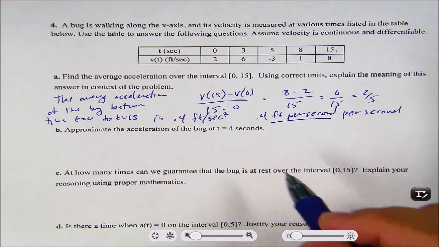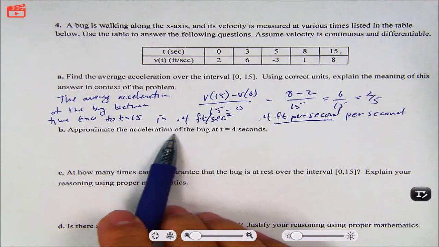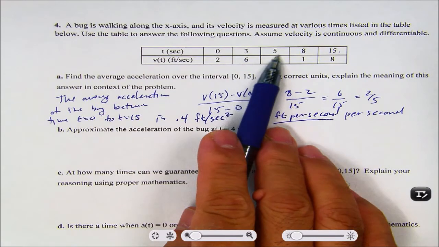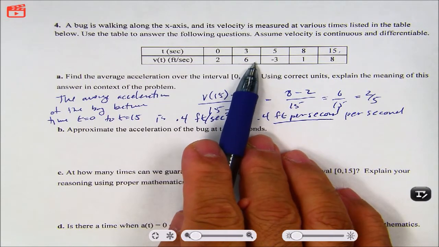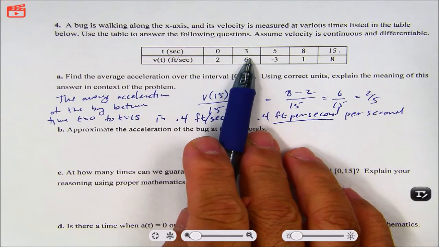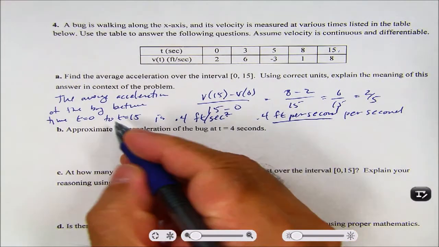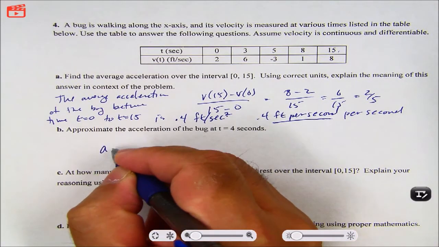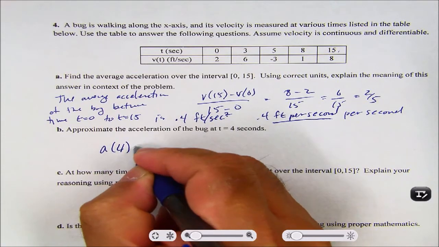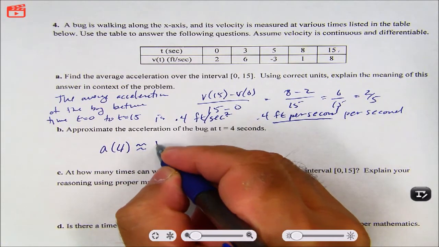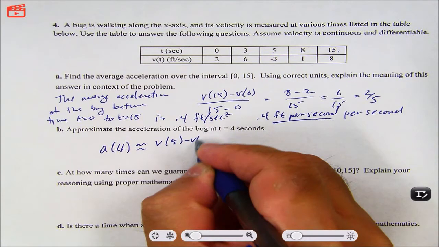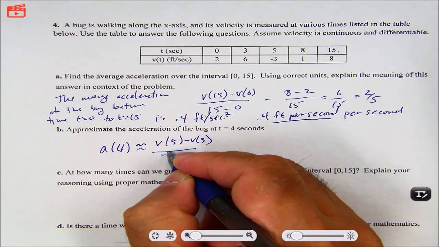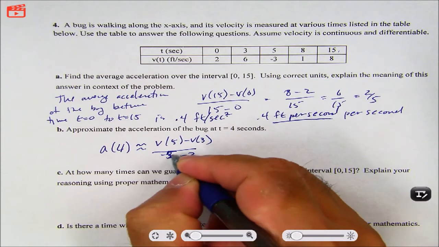All right. Approximate the acceleration of the bug at t equals 4. So here, you don't have t equals 4, so the approximation would be the slope between 3 and 5. So the acceleration around 4 would be v of 5 minus v of 3 over 5 minus 3.